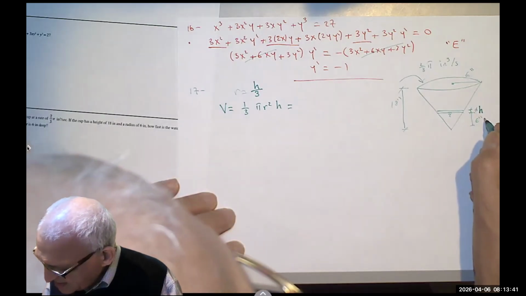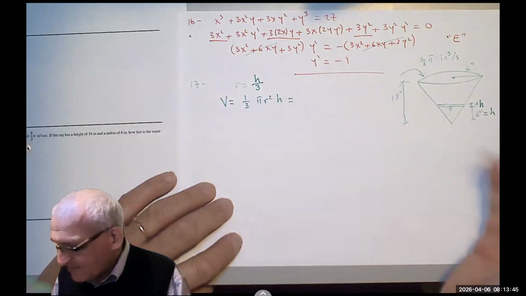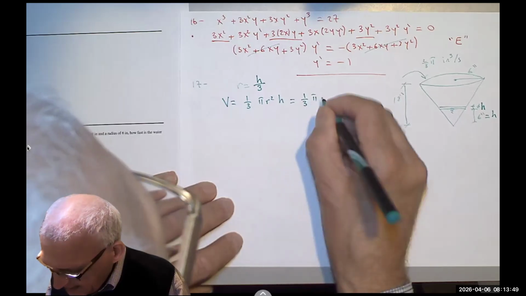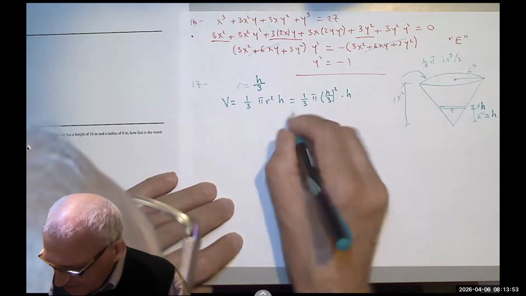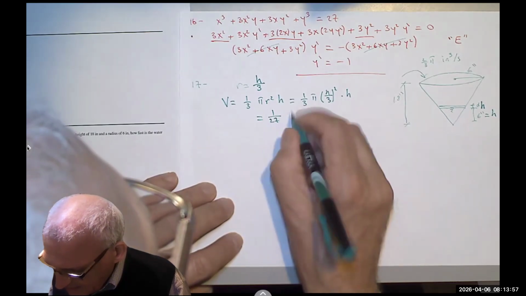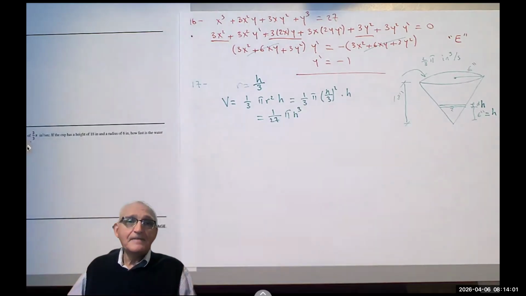And the 6 here is h. So I want everything in terms of h. That would be 1/3 pi times h over 3 squared times h, which is 1/27 pi h cubed, right?